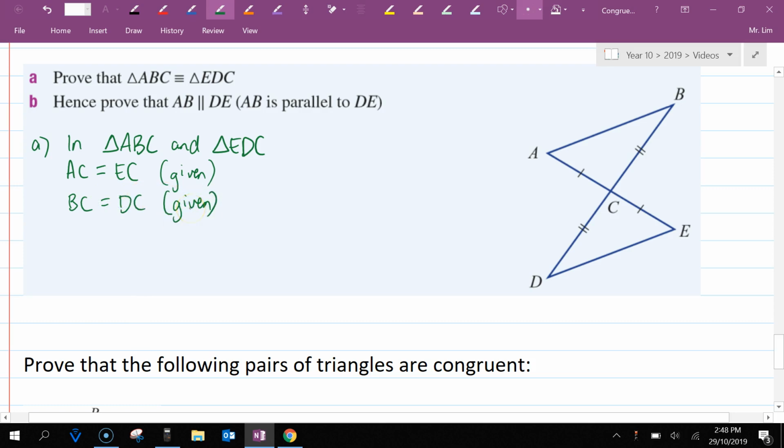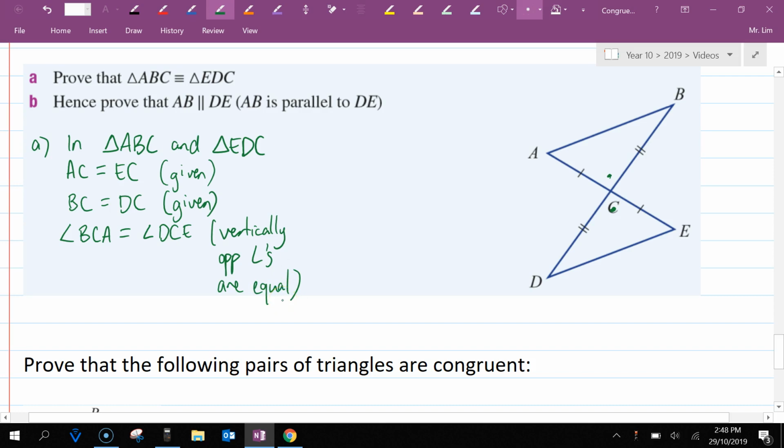And we can also see that angle BCA is equal to angle DCE. So these two angles are equal to each other because vertically opposite angles are equal.